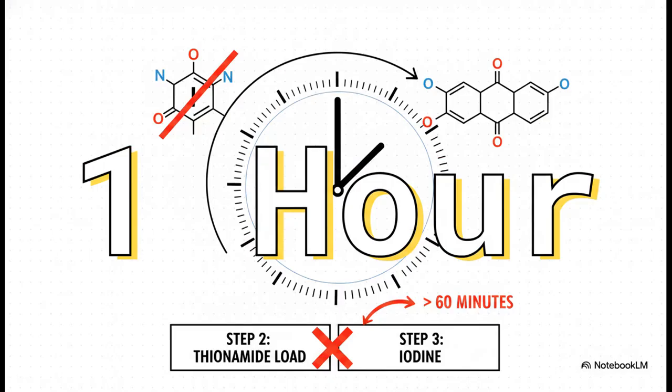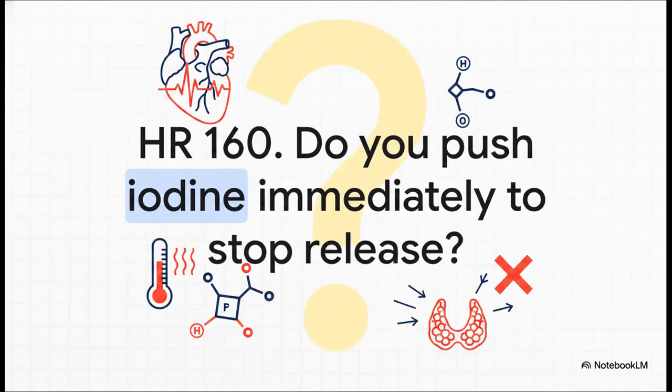But pay close attention, because here is the absolute timing trap that you simply cannot miss. Look at steps 2 and 3. Iodine must wait at least 60 minutes after the thionamide load. So let's say your thyrotoxic patient is coding with a heart rate of 160 and soaring temperatures. You've already given propranolol. Do you push the iodine right away to stop that hormone release?